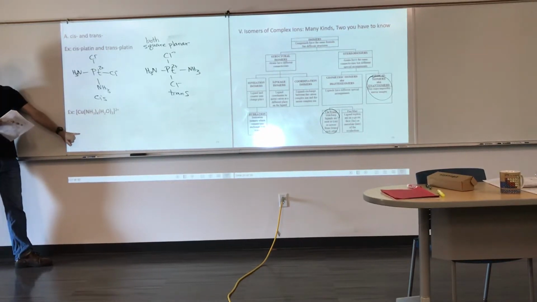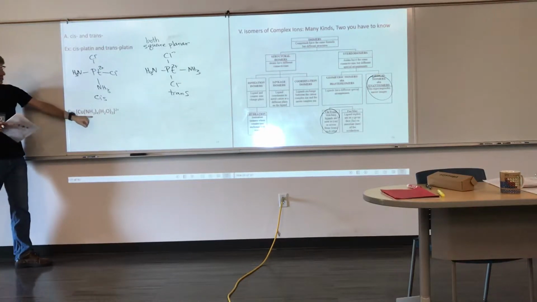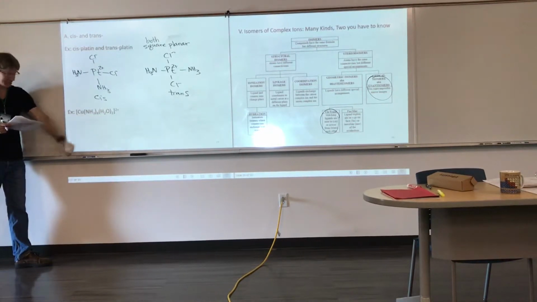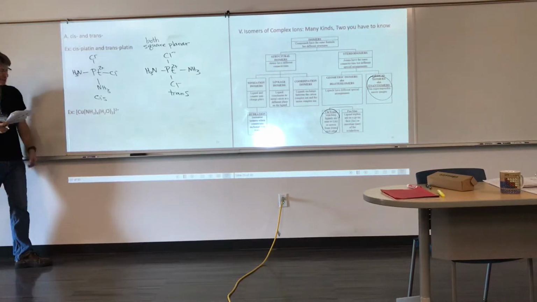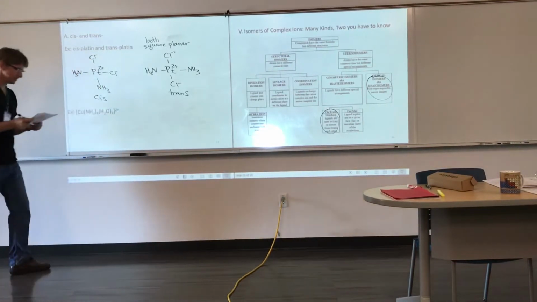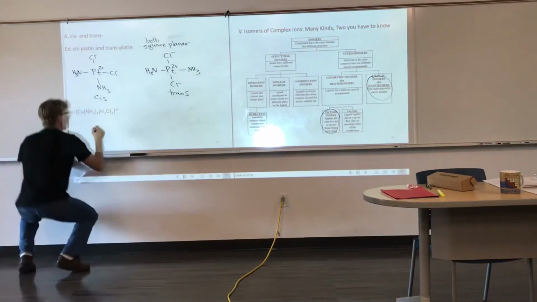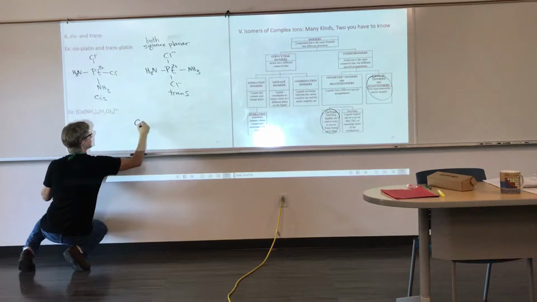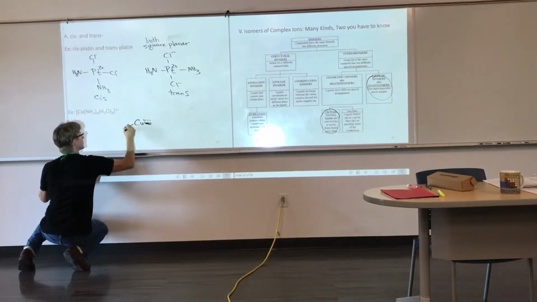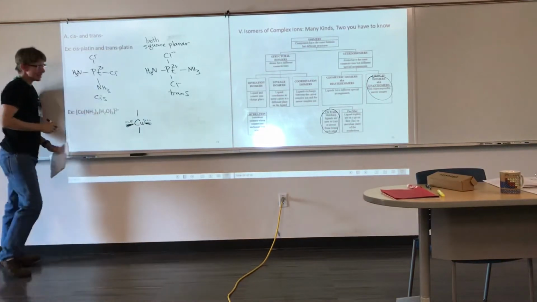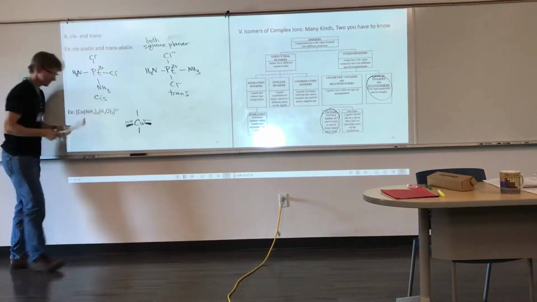Now let's do the same thing for an octahedral complex. We know this is octahedral because we've got 4 ammonia monodentate ligands and 2 water monodentate ligands. In this particular case, since it's octahedral, there will be 6 positions.